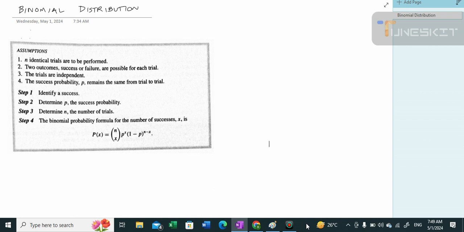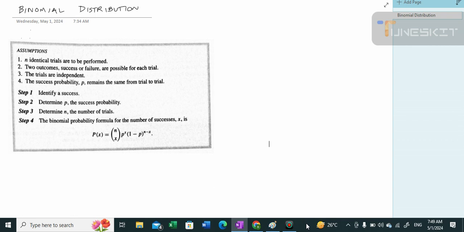If we are performing this trial for the 10th time, the probability of success, if our success is defined as the occurrence of an even number, remains constant at half, and the probability of failure also remains constant at half.